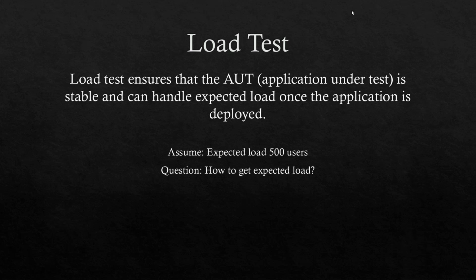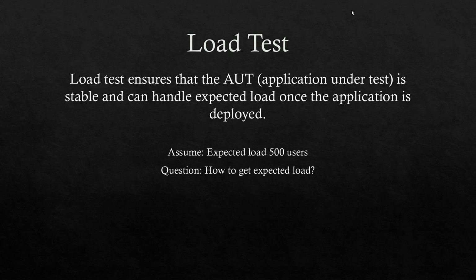How he will get this number: if it is an existing application, in the last 6 months or the last 1 year, he will use tools like a database or data analytic tools like Splunk and some other tools. He will see in which month, on which day, from which time to which time, during which hour there were more users accessing the application.